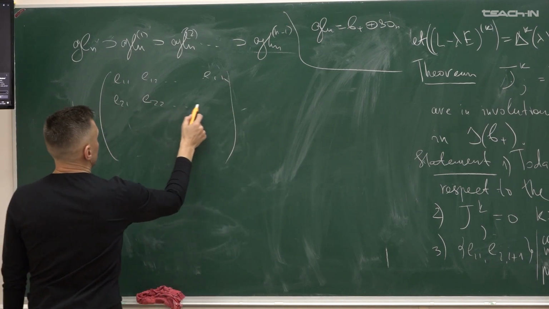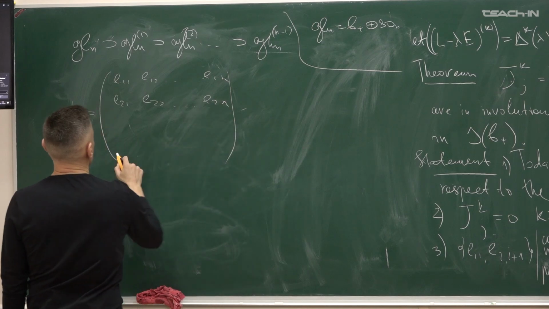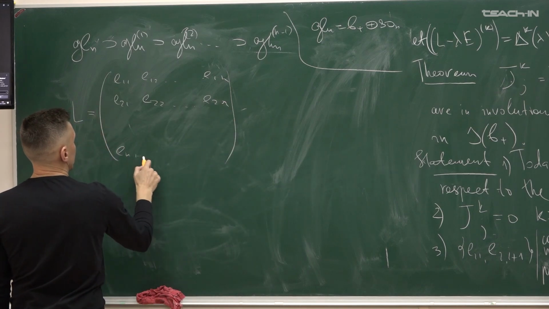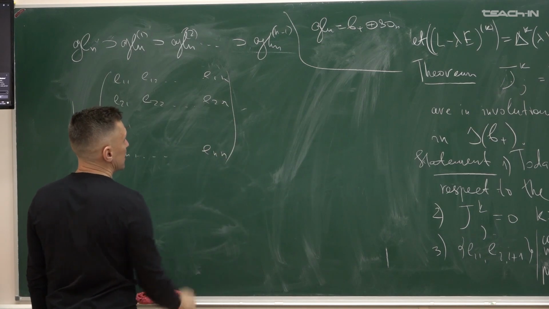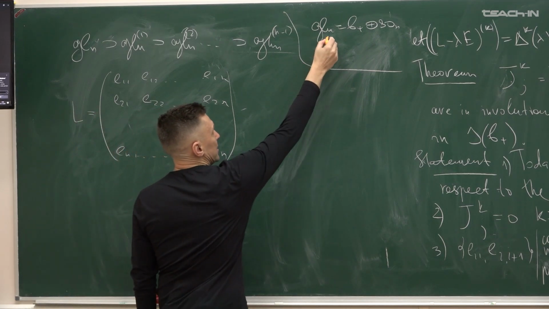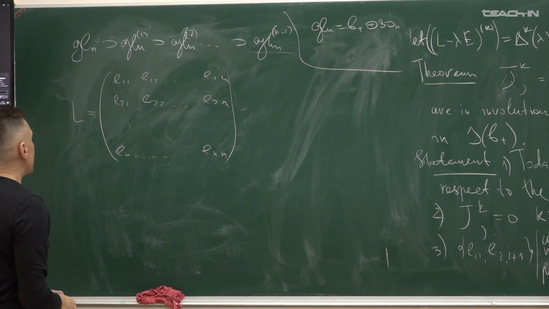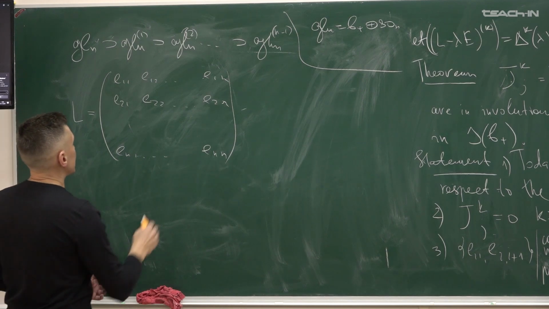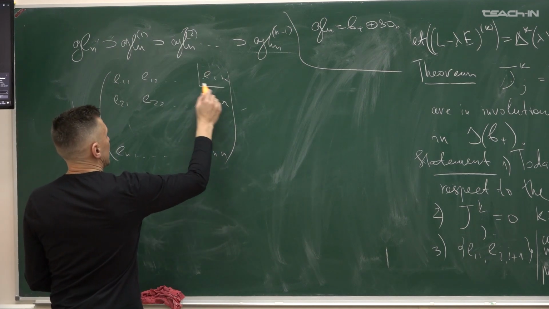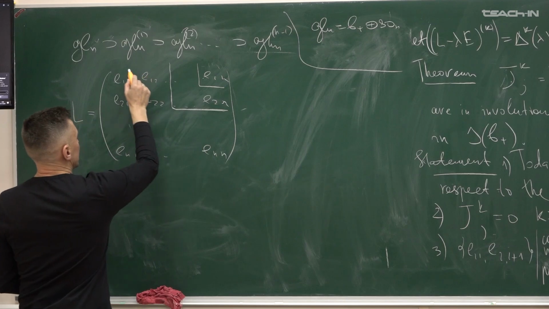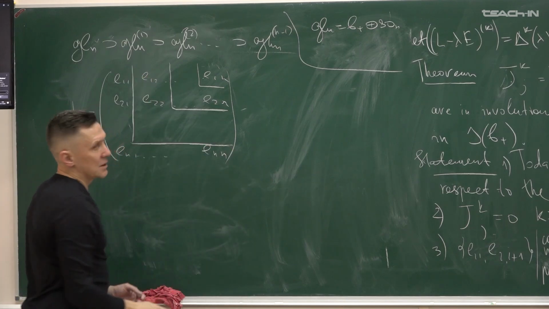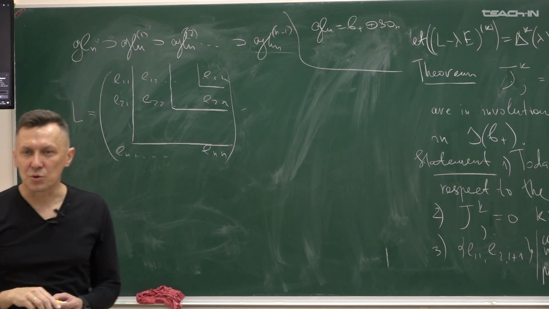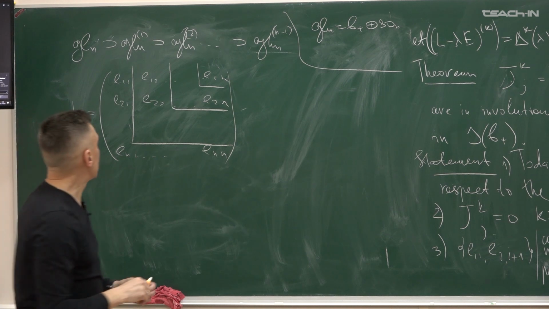E_2n, E_nn. So now we are working here, and we consider such an algebra, an algebra given by generators in the right upper corners of these matrices.